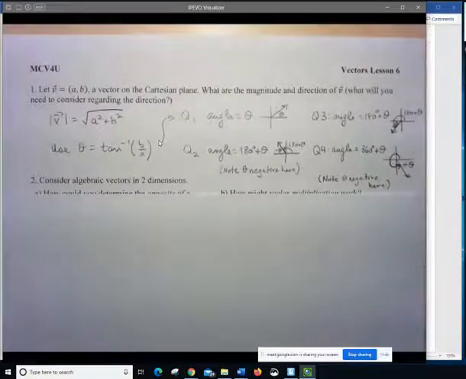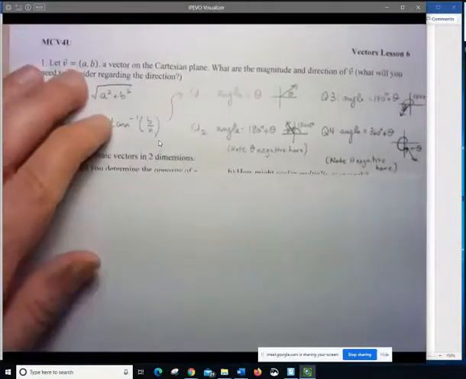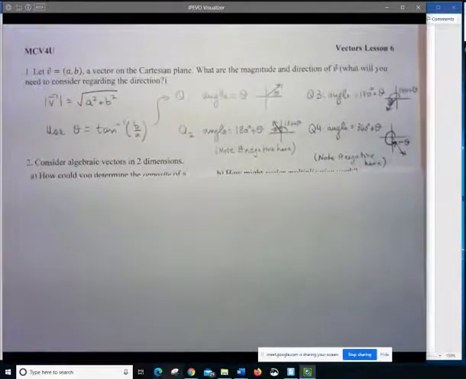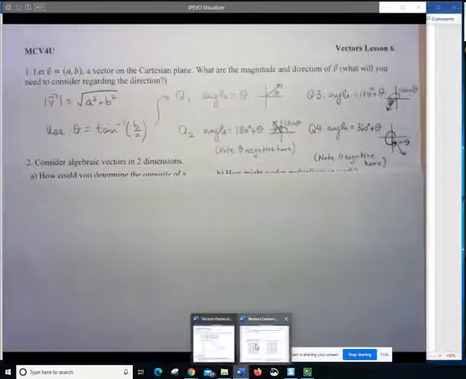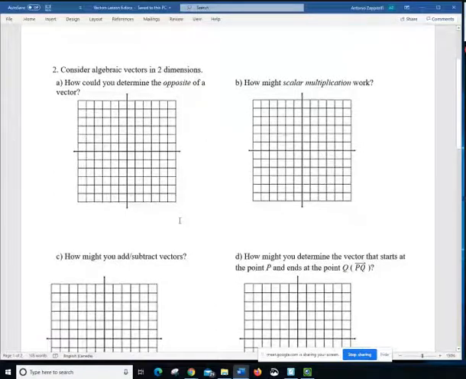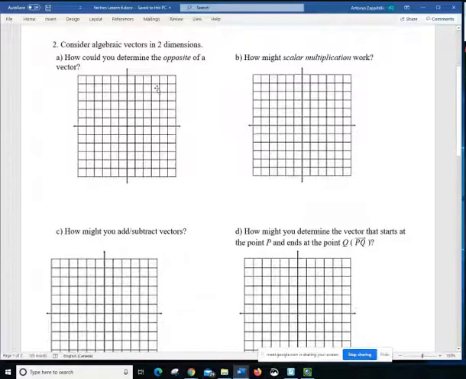So what I want you to quickly think about is what we had to do in the past to operate on vectors. Things like finding the opposite of a vector, things like scalar multiplication, those were pretty easy when it came to dealing with vectors, say given the cardinal directions to define direction.